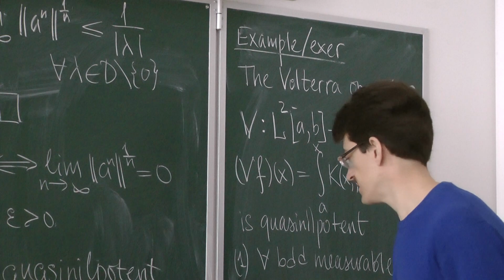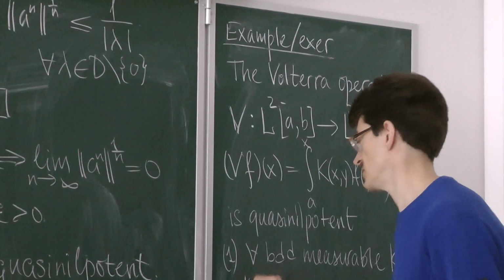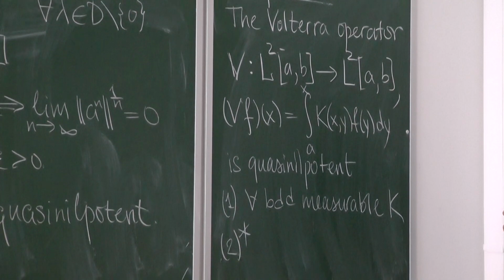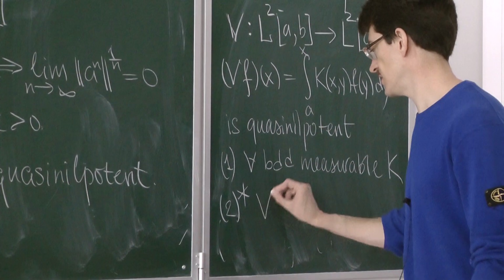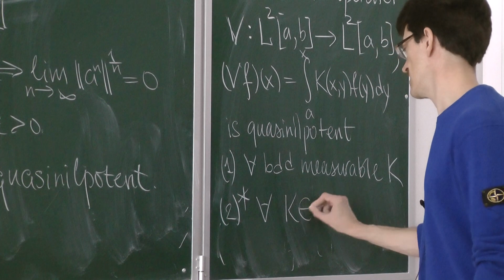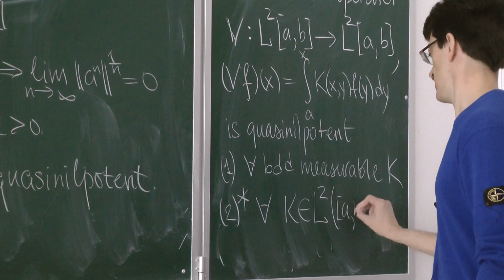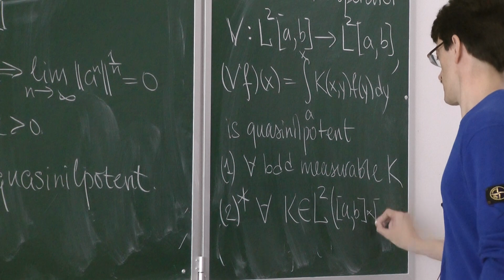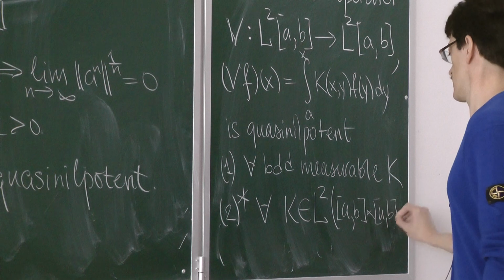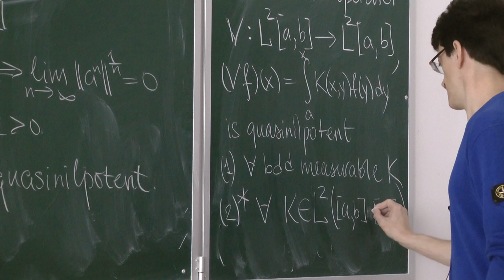And the difficult part, part 2, is to show that this operator is quasi-nilpotent for each square integrable function K on the square. So this is more difficult.